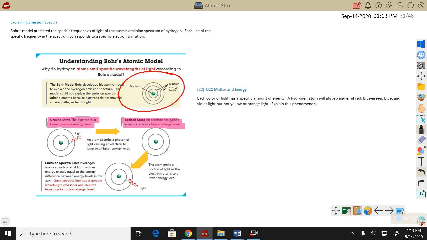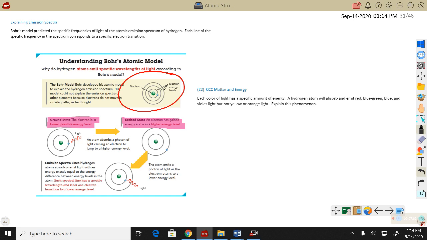So for a particular electron, ground state might be level 2, 3, 4. It's just the energy level where that particular electron is normally found, as opposed to the excited state. The excited state is once that electron has gained energy and jumped to a higher energy level.